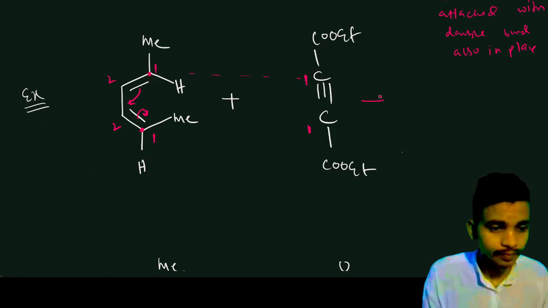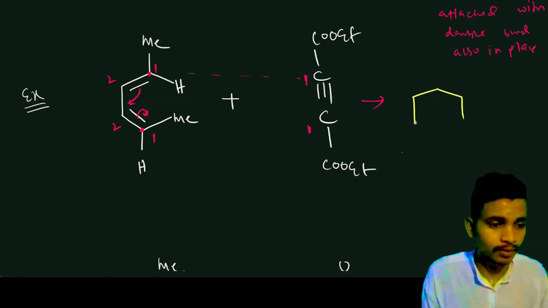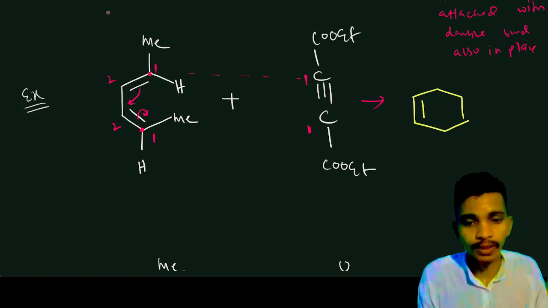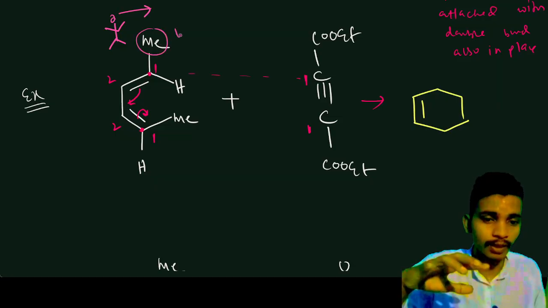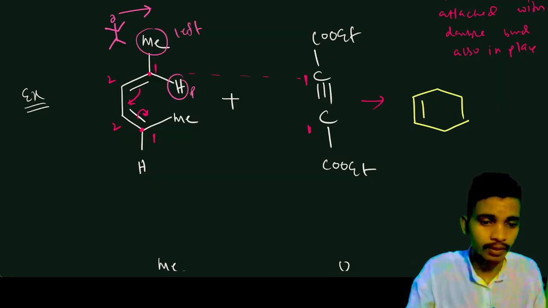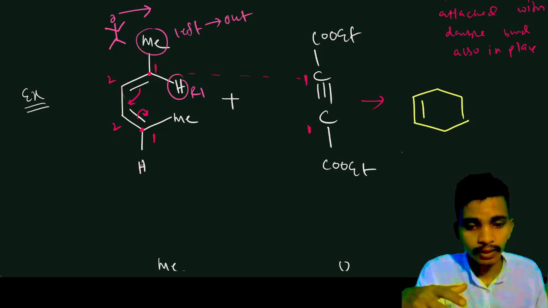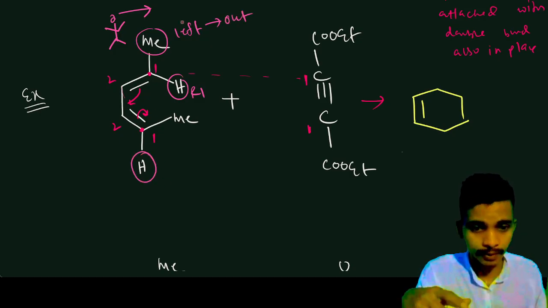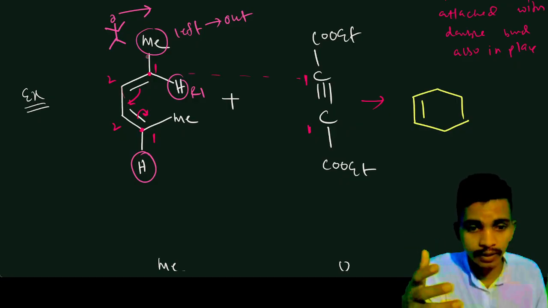Okay, then we make the six-membered ring, and this is going to be like this. Now you are standing here and looking this side, so this is going to be your left side, and this is going to be your right side. For this double bond, left means this is outside, so the hydrogen here is also out. It means that considering the above double bond, the lower double bond is taken accordingly.